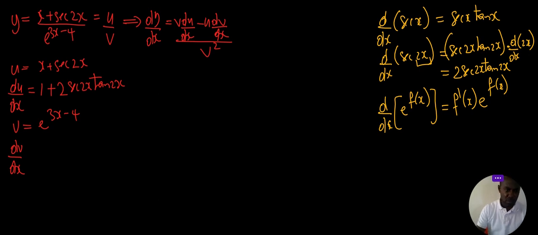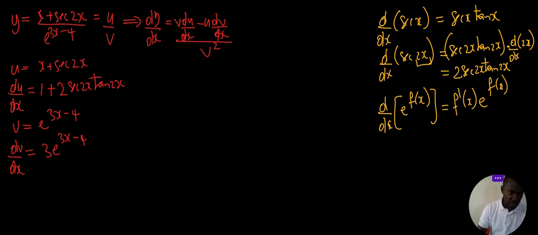Having said that, dv by dx is equal to the derivative of 3x minus 4, which is simply 3, multiplied by the function. So this is 3e to the 3x minus 4. Therefore, the derivative of e to the 3x minus 4 is 3e to the 3x minus 4.